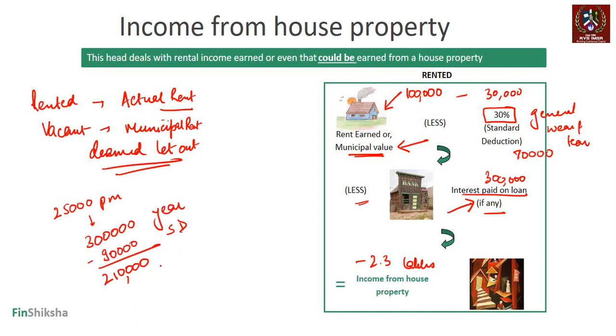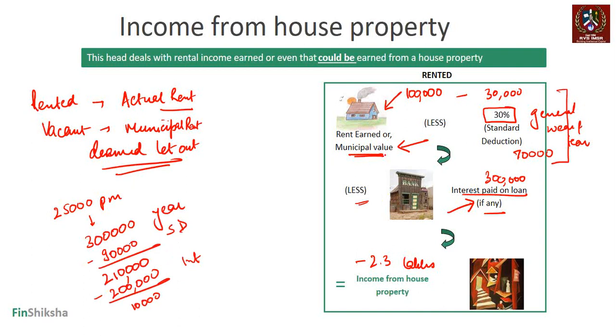And the remaining 2.1 lakhs is coming from here. Now from this, if there is any interest, let's say the interest component is 2 lakhs, what is left is 10,000, which will get added to your overall income. If the interest component was 2.5 lakhs, 40,000 would have been deducted from your overall income. That's basically what comes up in terms of the component.